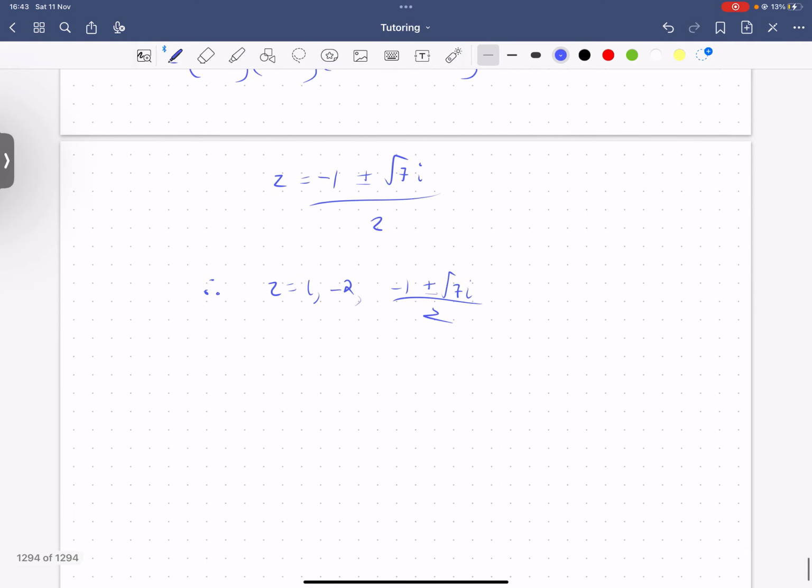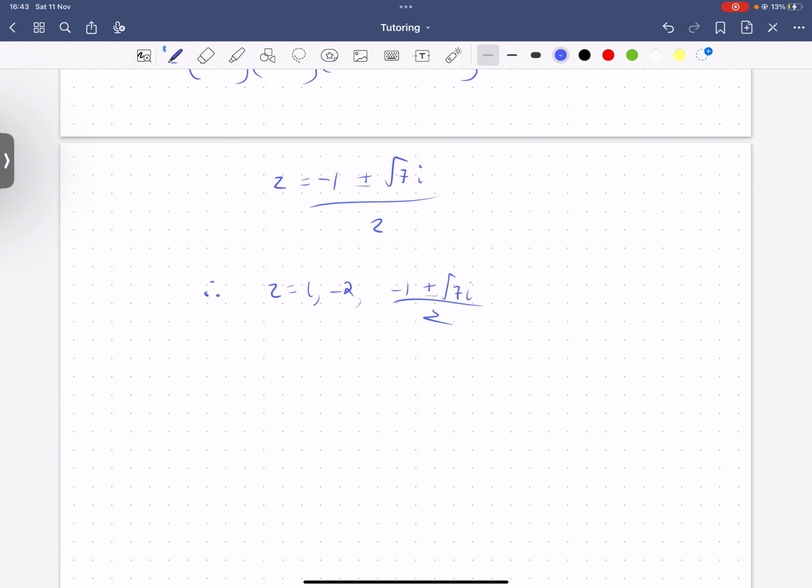Question number 8. Now we're solving if z is a real number, so we don't want any complex solutions here. So we've got 3z cubed minus 4z squared minus 13z minus 6 equals 0.